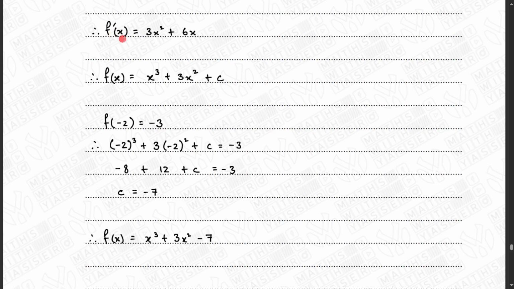So that means f prime x will be 3x squared plus 6x. So f of x must be found with the help of integration. Integrating 3x squared gives us x cubed, and if we integrate 6x we get 3x squared, and then we have a constant. Now we need to find the constant. We are already provided with a coordinate which lies on the curve.